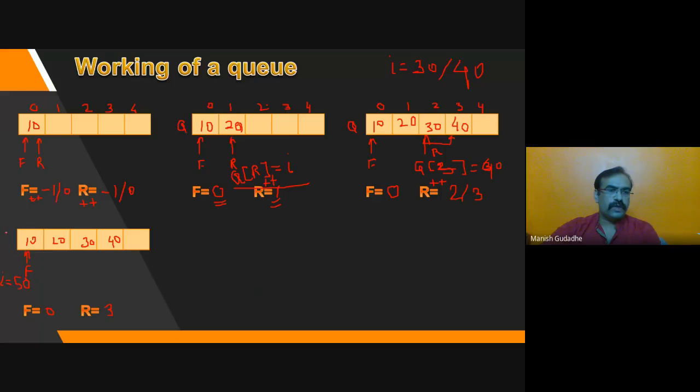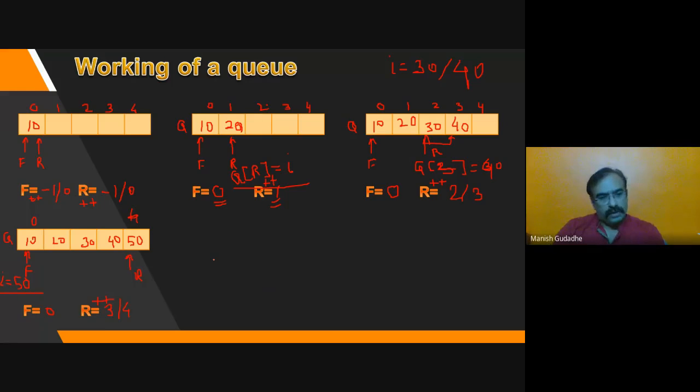So q of f is 10, will always be the 0th element in this case. Rear is right now pointing to 3, but when I want to insert one element, I am going to make r as 4. Rear will be pointing to this element, and q of r will be initialized to 50. This way we can insert the element.